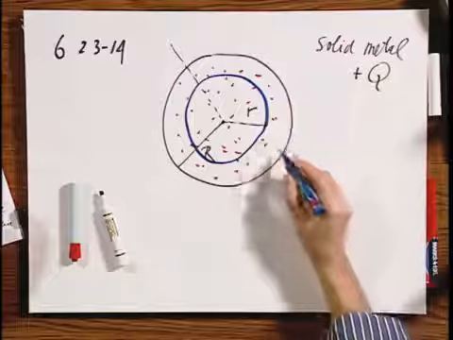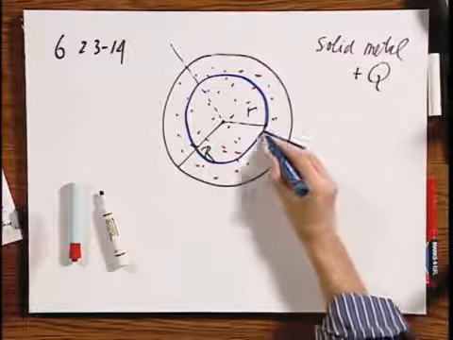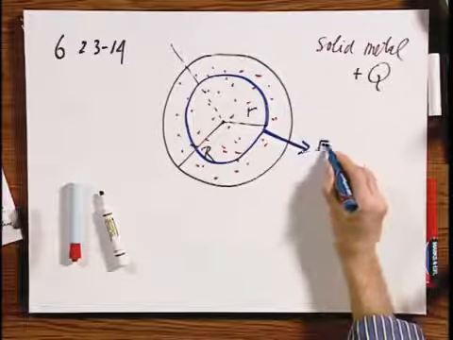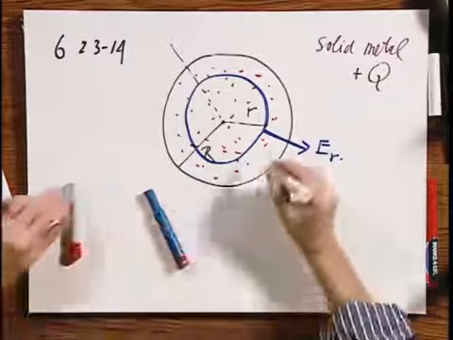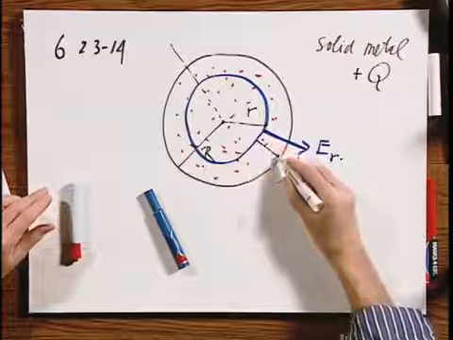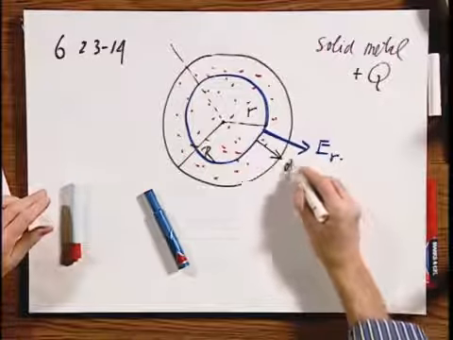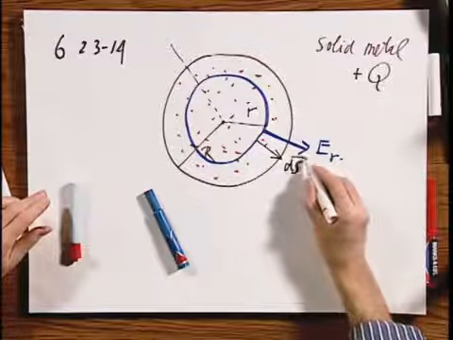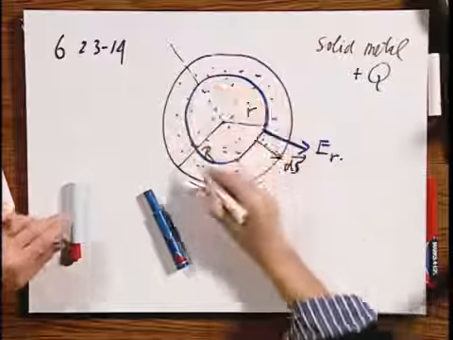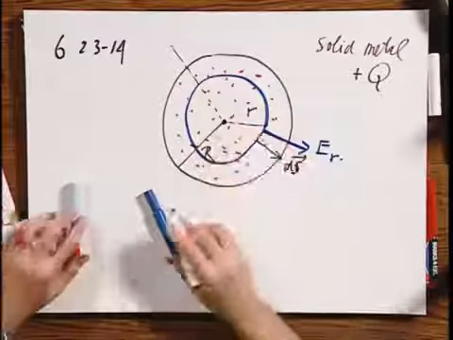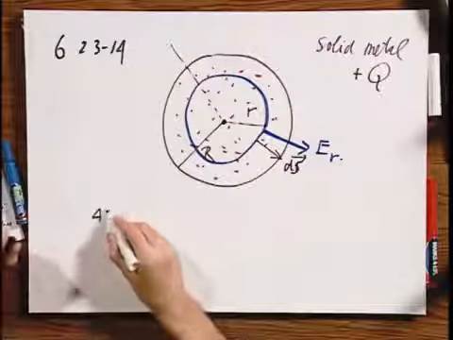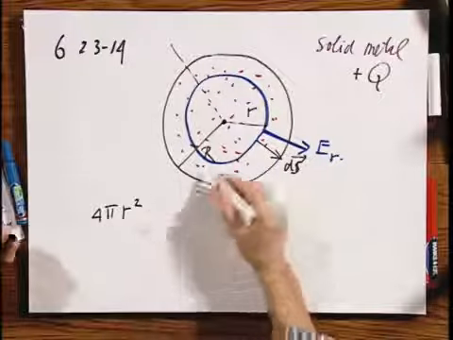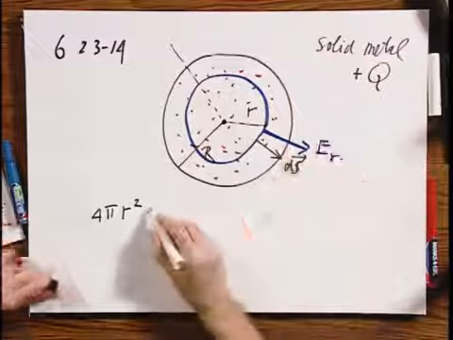It has a radius r, and obviously there would be an E field which is pointing radially outwards, and the elements ds are exactly in the same direction as E, this is ds, everywhere on this sphere, which is a concentric sphere. So I apply Gauss's law, 4 pi r squared, that's the surface area, times E.